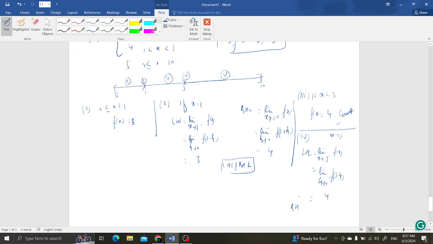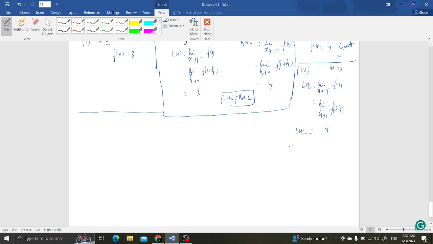Now if you want to find RHL, this is a different one. RHL will be the limit as x tends to 3 positive of f of x, the limit as h tends to 0 of f of 3 plus h, and 5 will come.